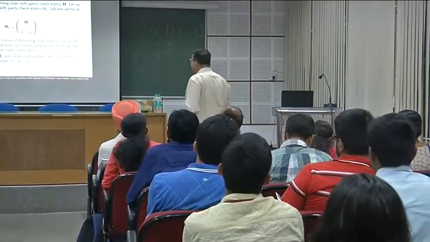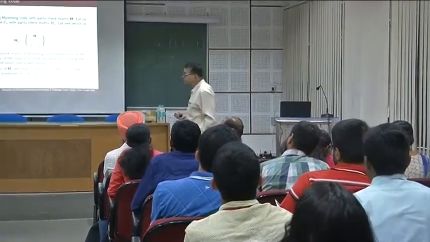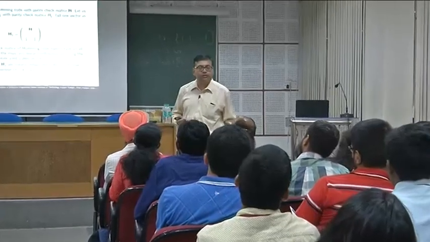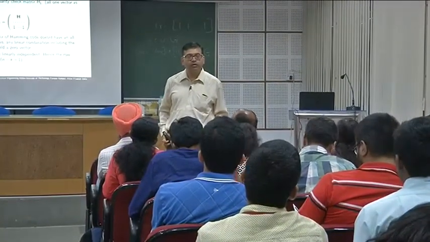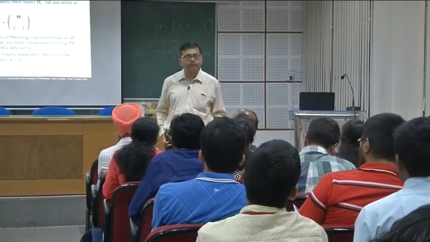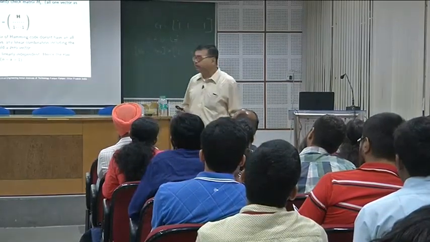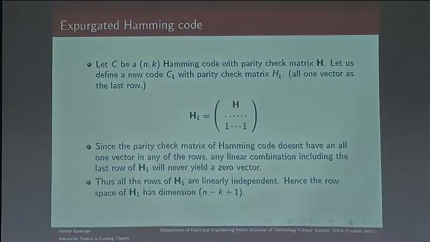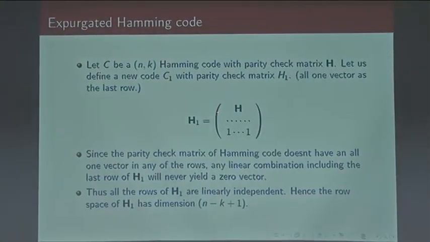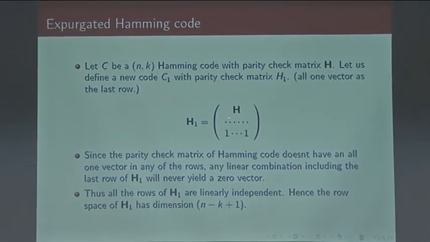If H has minimum distance of 4, then what are you saying? H1 has minimum distance of 4. Why, if H has a minimum distance of 4, you are saying 4 columns add up to 0.